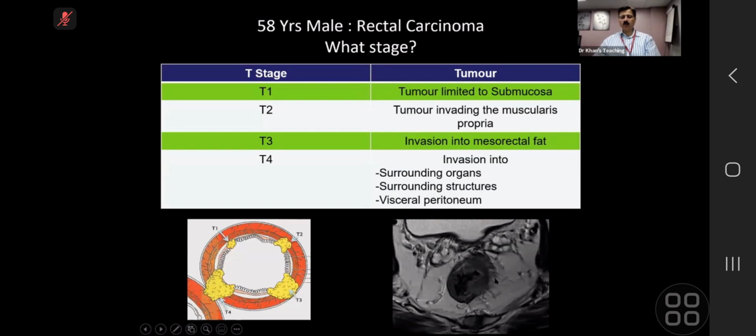Usually they will give chemo for 6 months. So your report completely changes the management of the patient. And that is why you have to develop your eyes to pick up invasion of the mesorectal fat. And if you say it is invaded, then they will give neoadjuvant chemoradio. That is the key management point.